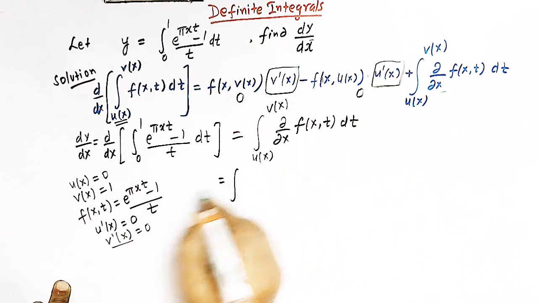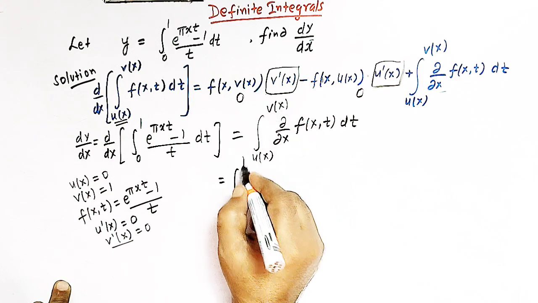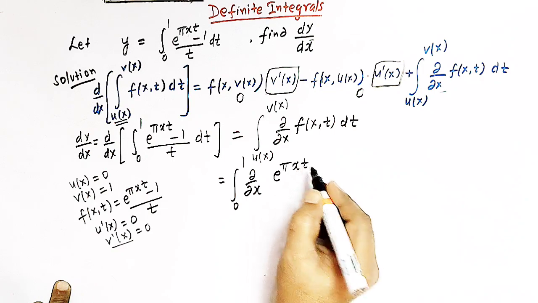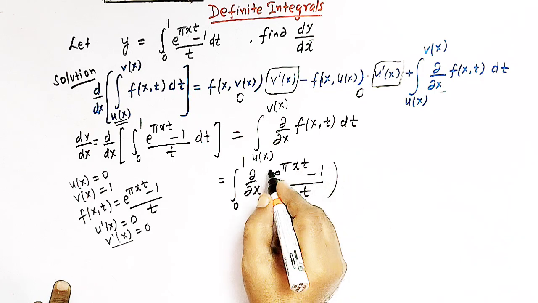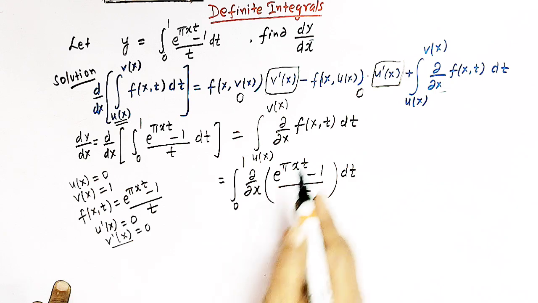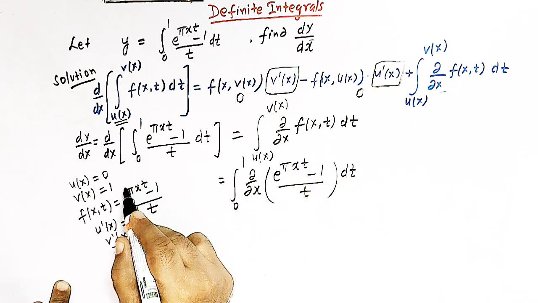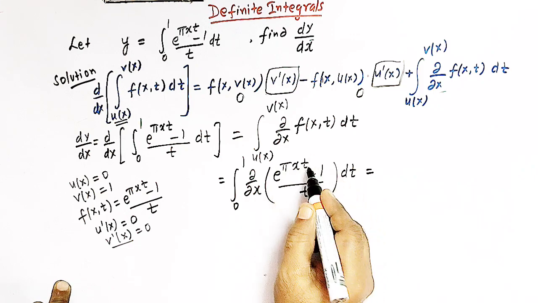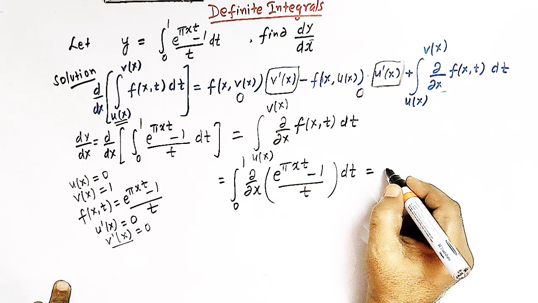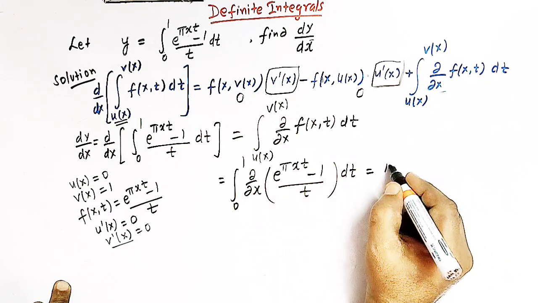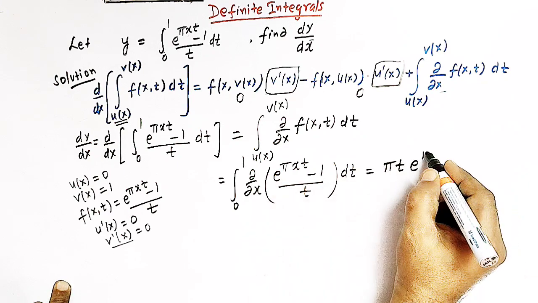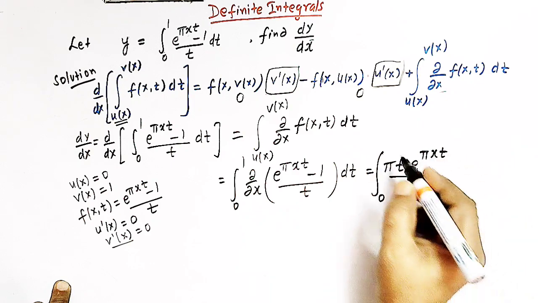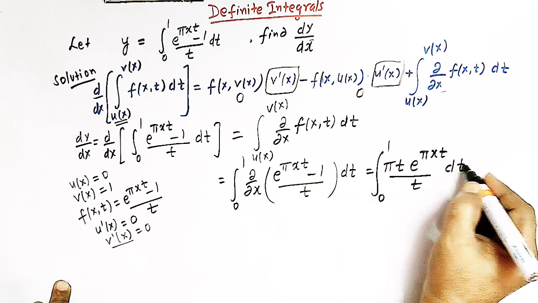So now we have u of x is 0 and v of x is 1, and del by del x of e raised to pi xt minus 1 over t, and here we have dt, right? For f of x comma t, we have this function. So now let us partially differentiate this expression with respect to x. So we have simply here pi t e raised to pi xt over t, and here the limits of integration are from 0 to 1, and here we have dt, right?